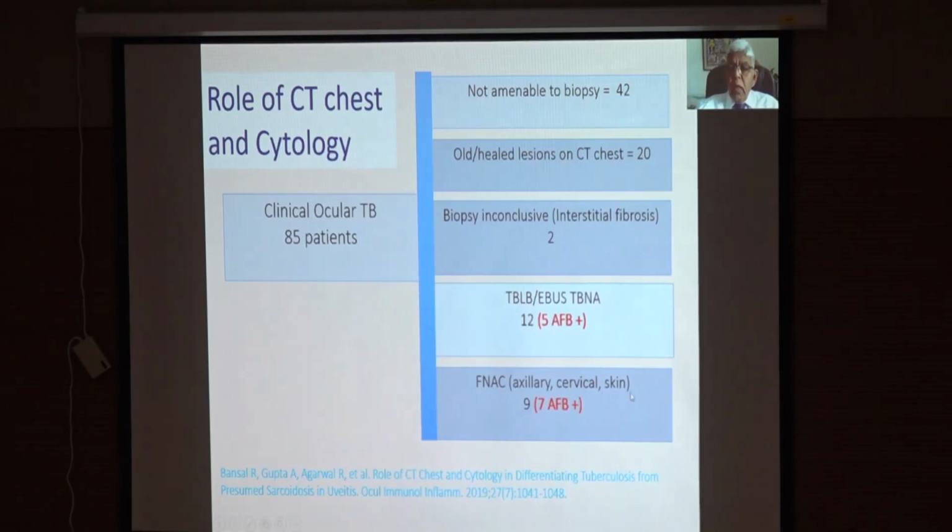Interestingly, we found nearly 12 of these 21 patients whose biopsy was positive also demonstrated the presence of AFB, indicating that these patients did have extrapulmonary tuberculosis. So in about a quarter of these patients of clinically strongly suspected TB uveitis had evidence of extrapulmonary tuberculosis.